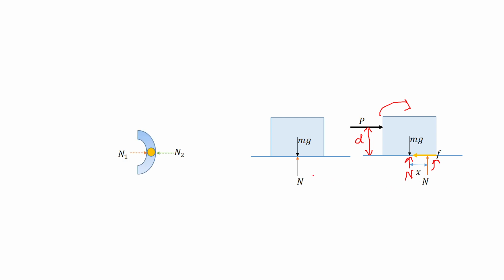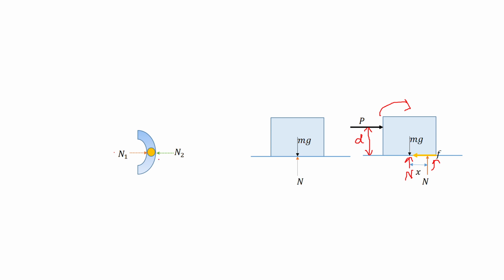Now take another case in which a ball is moving in a groove, and if in this case the circle is towards left, so obviously N2 must be greater than N1. I have assumed here that the block is moving in a frictionless groove, so there is no other force except the normal reaction.